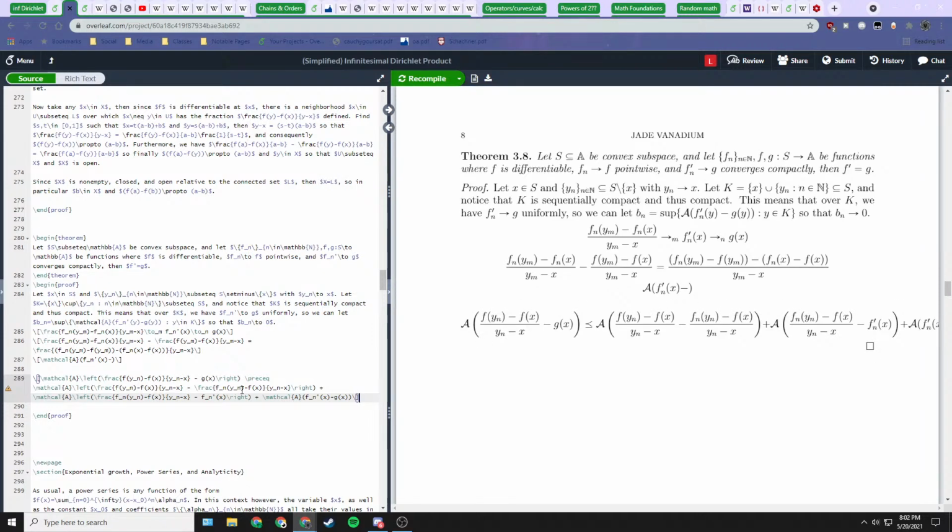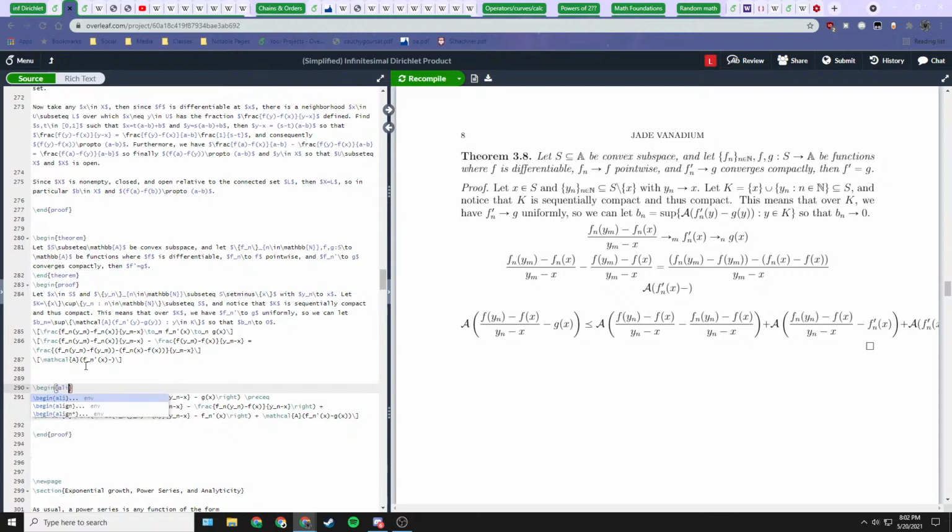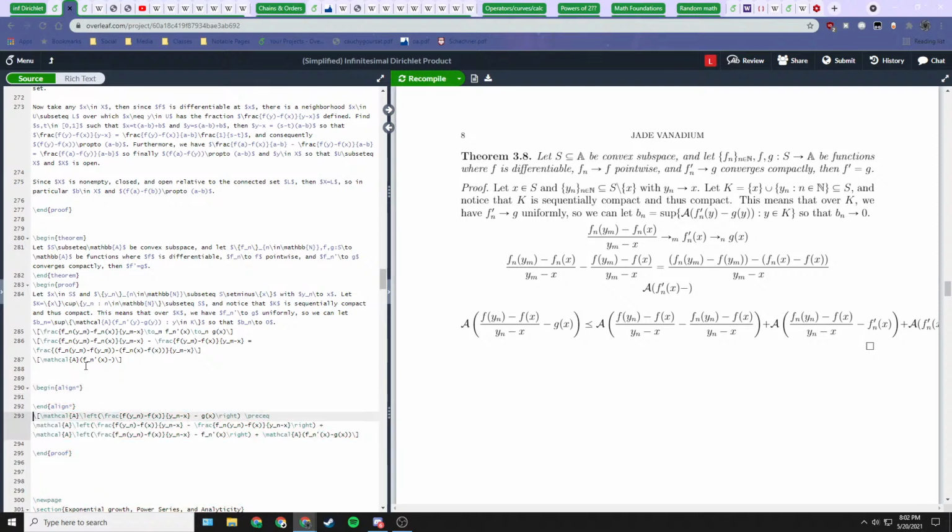Okay, that's really long. So we can put this in an inline environment.